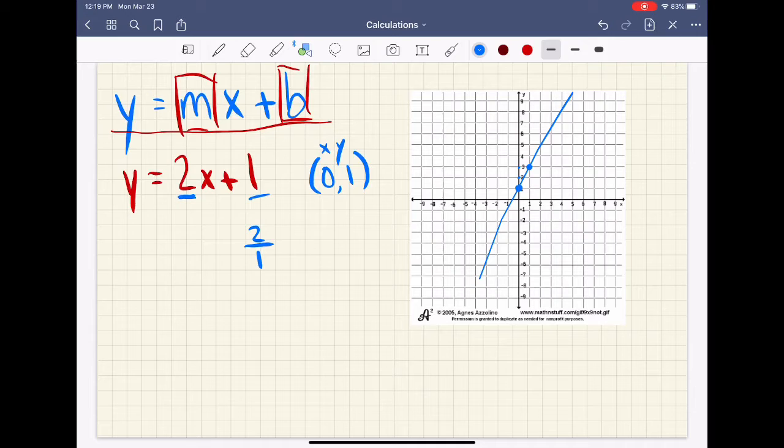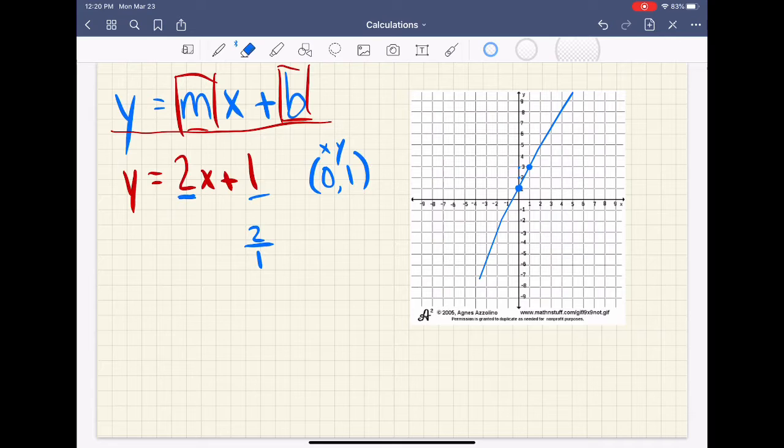So when the slope is a whole positive number like 2 or 5 or 6, it's pretty easy to graph. You just go up that number, in this case 2, and then over 1.